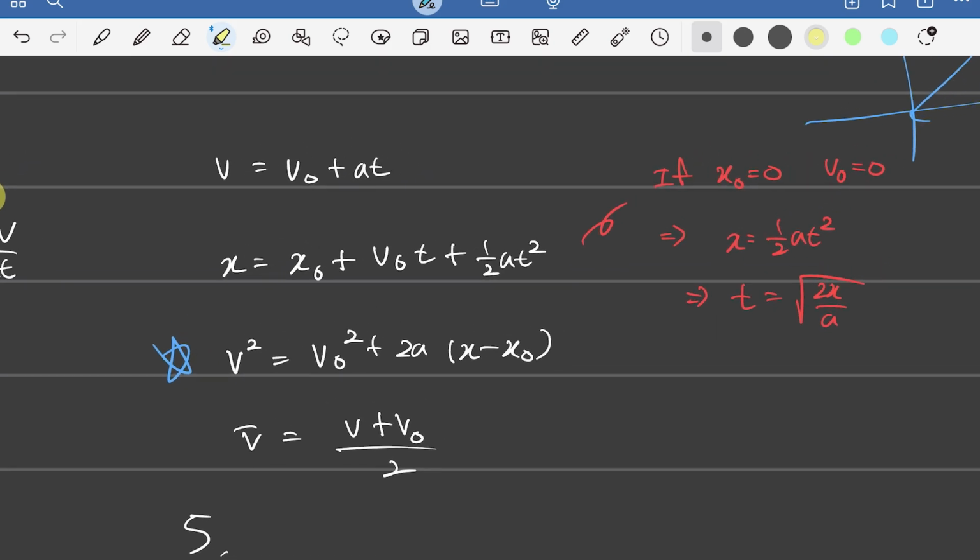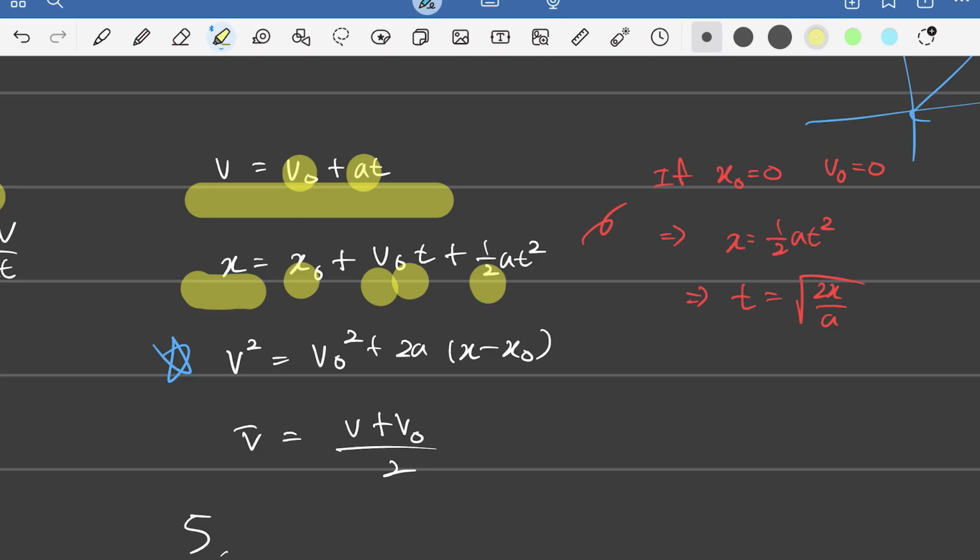And these are the other formulas that we need to know. The velocity will be the starting velocity plus acceleration times time. Your location, your displacement, would be the starting location plus the initial velocity times t plus 1 over 2 a t squared.